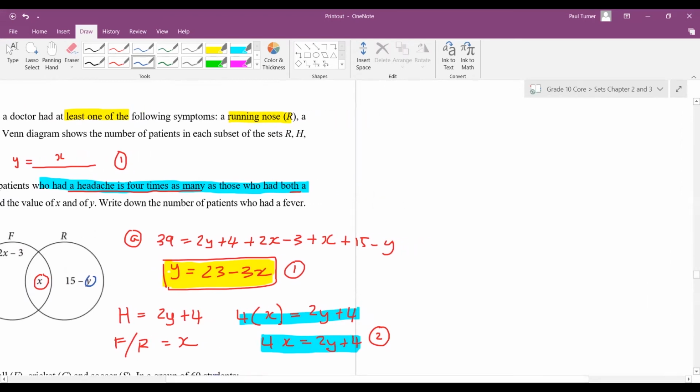So hopefully you've copied that, because this is part of part B here. So really, to solve part B, to find x and y, here we write down the 2 equations. So y equals 23 minus 3x, and 4x equals 2y plus 4.